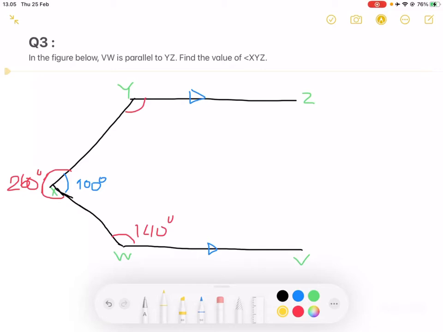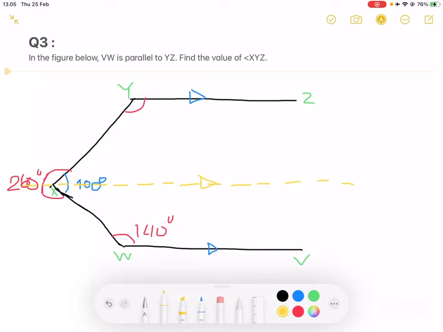However, if you draw a parallel line through the intersecting point X, which is also parallel to VW and YZ, right here, you notice some special angles in two parallel lines, like I've just mentioned before.